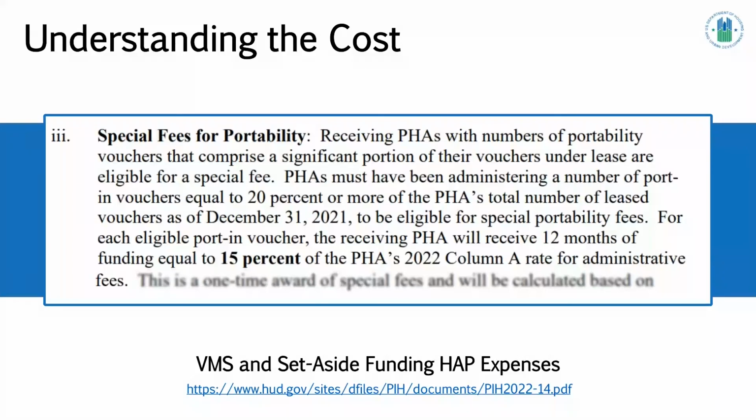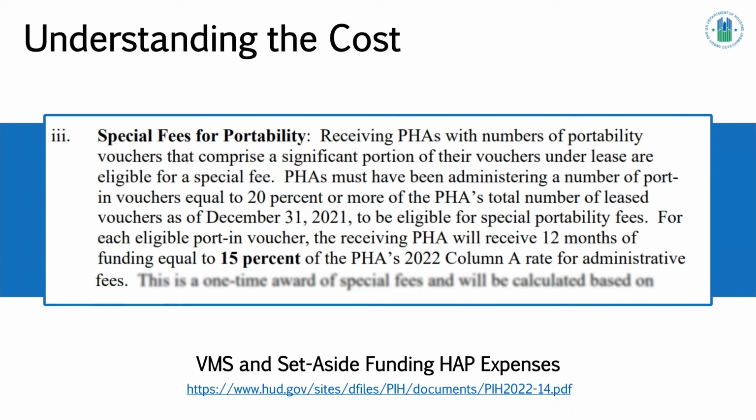Additionally, if you are a PHA who's administering a large number of ports, through the set-aside funding notice, there's also applicability to special fees for portability. A lot of times, housing authorities are getting admin fees on port ins that they're administering that are lower than what their current administrative fee is.